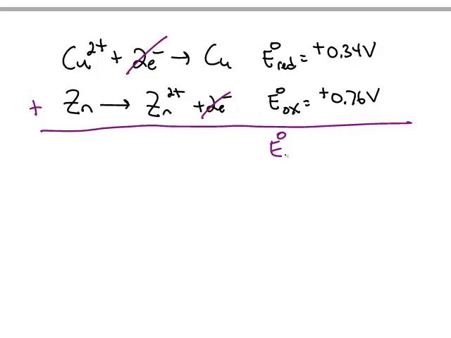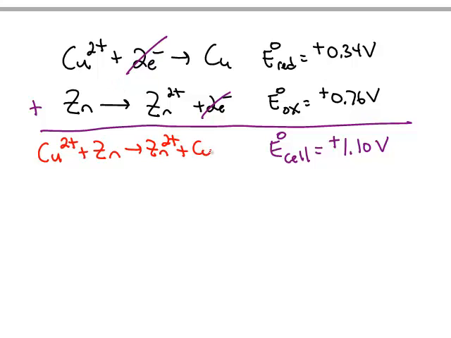And I can calculate the voltage of this battery or cell by just adding together the reduction potential plus the oxidation potential, which gives me a positive 1.10 volts. The overall reaction for this battery is just the chemical reaction that we get. Copper 2 plus plus zinc turns into zinc 2 plus plus copper.